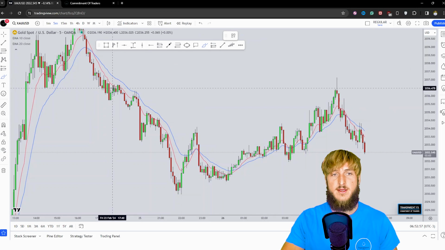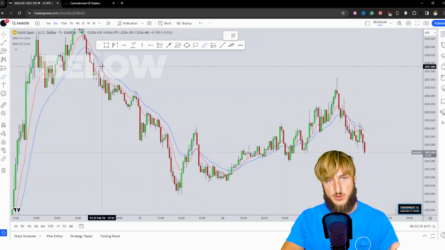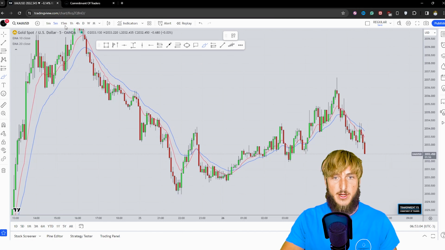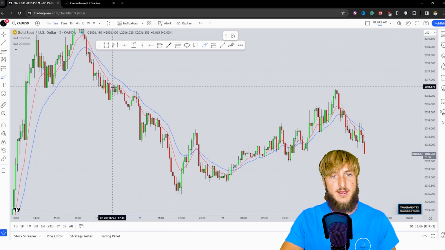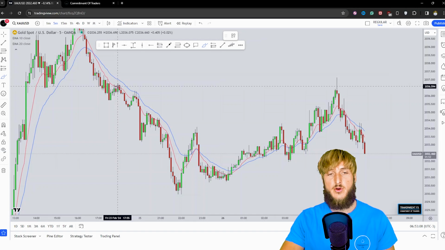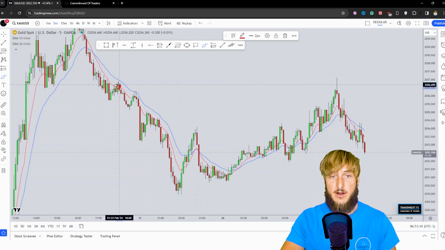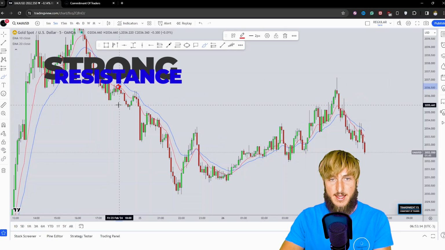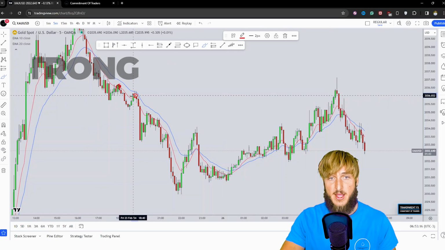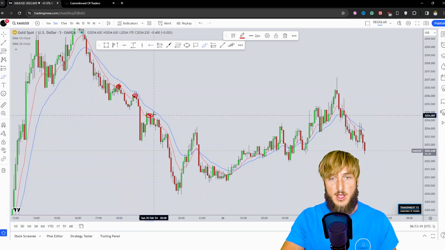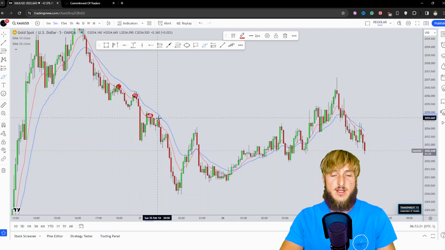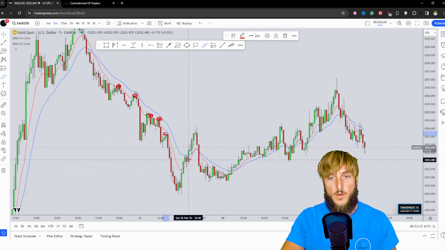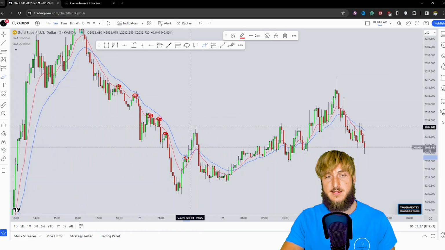If the 10 and 20 EMAs are cut for short, so the 10 EMA is below the 20, and institutions are moving to the bearish side, then there is good probability that, since institutions are shorting gold and the market is testing an area that usually it respects as resistance when it is below it and when the market is bearish, at that point it could be a good idea and a good strategy idea to incorporate something that looks to scalp gold when the market goes and tests this area.